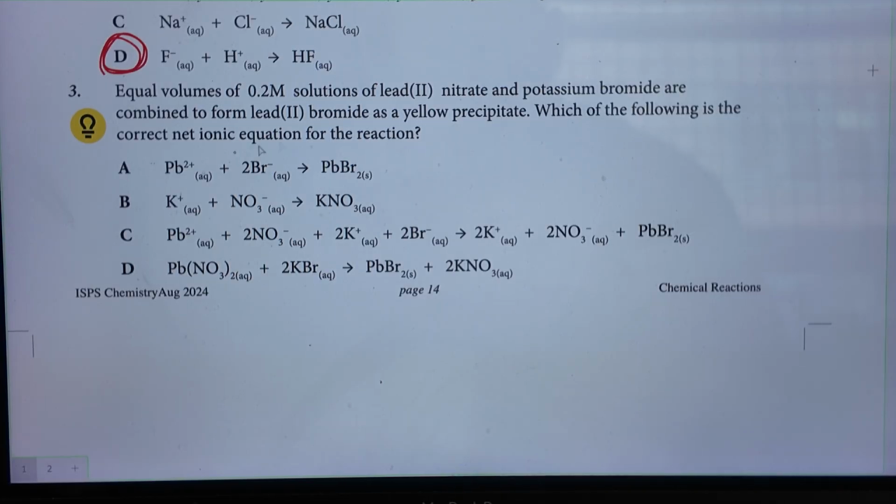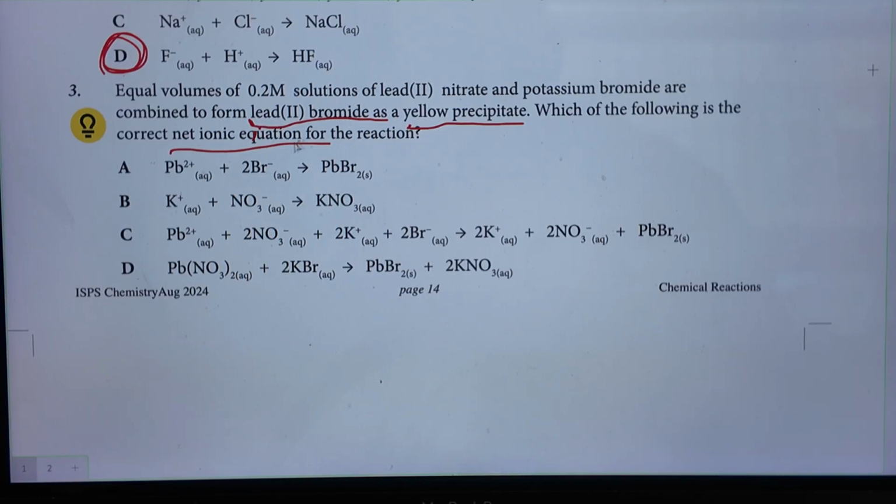They tell us here there's a yellow precipitate. Right? And then there's something here, equal volumes of this and this. They're combined to form lead bromide. Which of the following is a net ionic equation for the reaction?